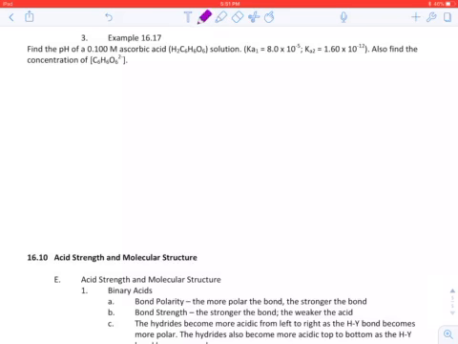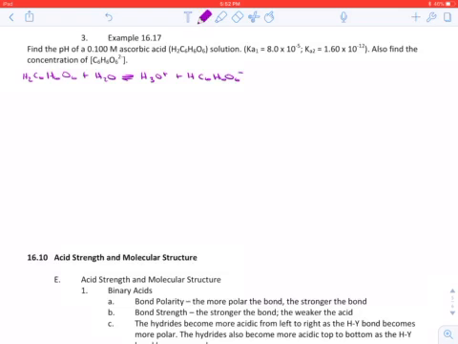Our first step is to write our successive ionizations. So let's start with that. We've got H2C6H6O6. We're going to add water to that, and we're going to get H3O pluses as well as HC6H6O6 minus.